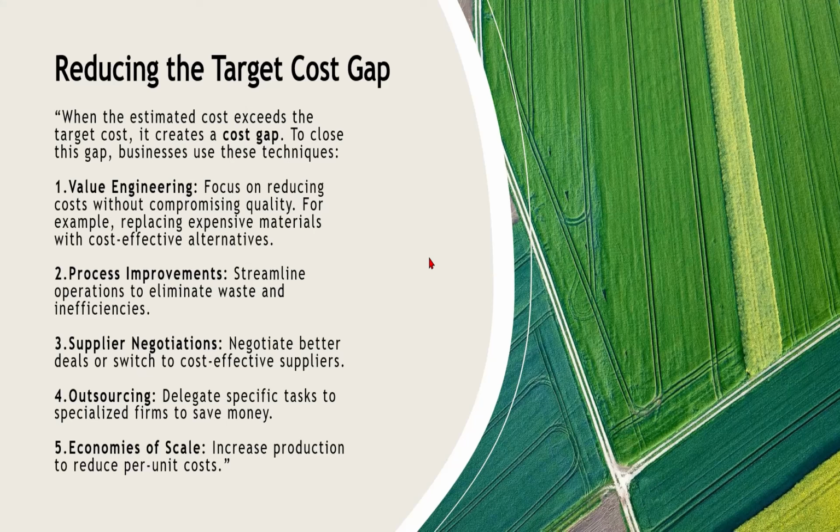And the last is economies of scale: increase our production to reduce the cost per unit. So these are the strategies. There might be many more, but you need to think about what could be possible. As I mentioned, you can use standard costing as well to reduce waste. Other options, as I explained, are value engineering, process improvement, supplier negotiation, or substituting materials with cheaper ones, but don't compromise the quality.